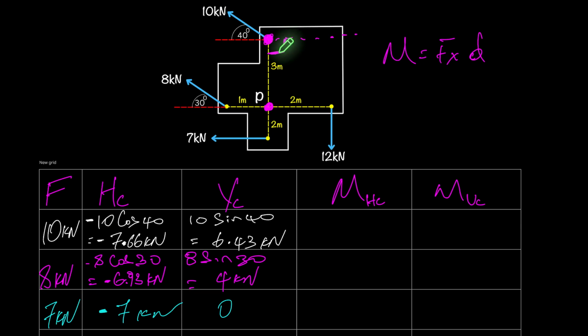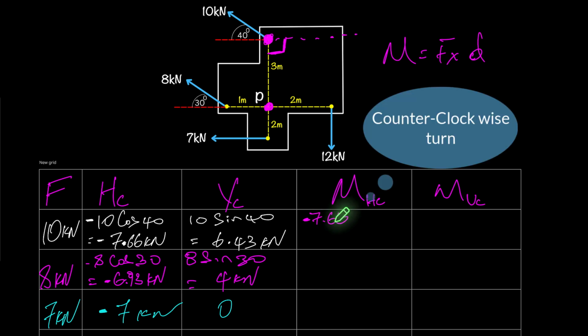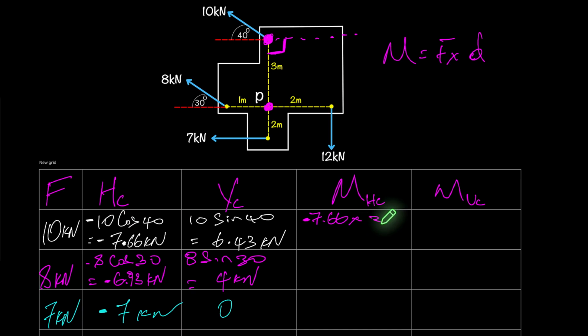So we will use what we got for the horizontal force component, which was negative 7.66, and we just need to multiply that by the perpendicular distance, which is 3. When we work that out, that gives us negative 22.98. And because it's moments, this will be kilonewton meters for our unit. So that's the horizontal component we used to find the moment about point P.